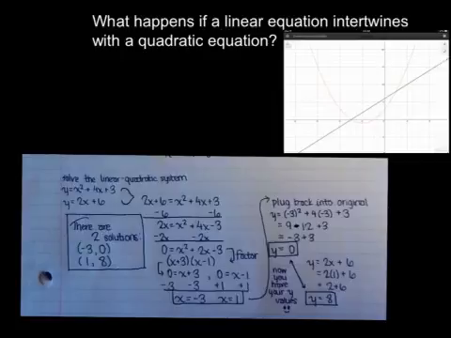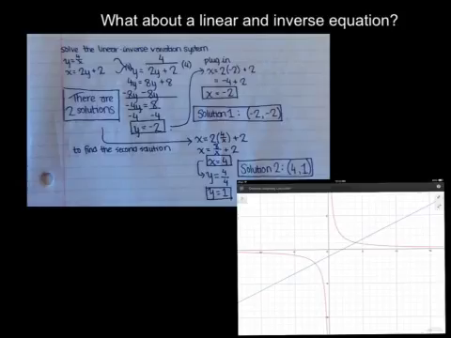And then you will plug these values back into your normal equations to get that y is equal to 0 and y is equal to 8. So you will get two solutions, negative 3, 0, and 1, 8. When you have a linear and inverse equation like this, y equals 4 over x and x equals 2y plus 2, you can use substitution by plugging in the x equation.